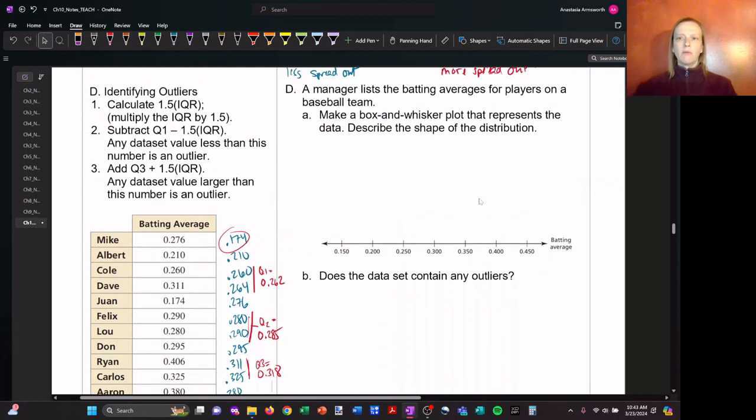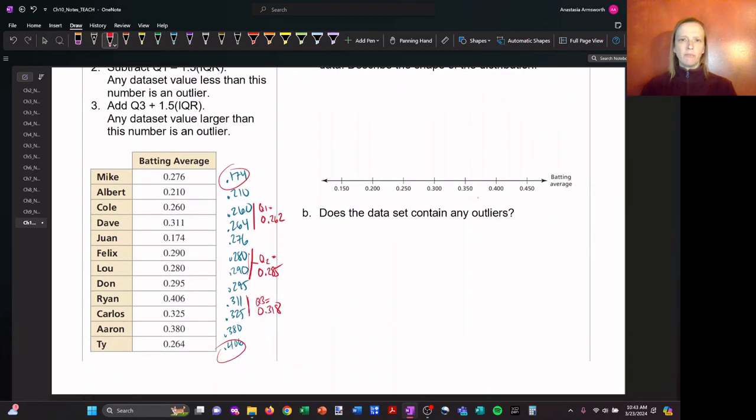So if I plot these data above my number line here, my extreme values are 0.174, which is almost kind of halfway between here and here, between 0.150 and 0.2. 0.406 is just over the 0.4 value, so I'll put a dot there. And now I can focus on graphing. The first quartile is 0.262, so maybe around here.